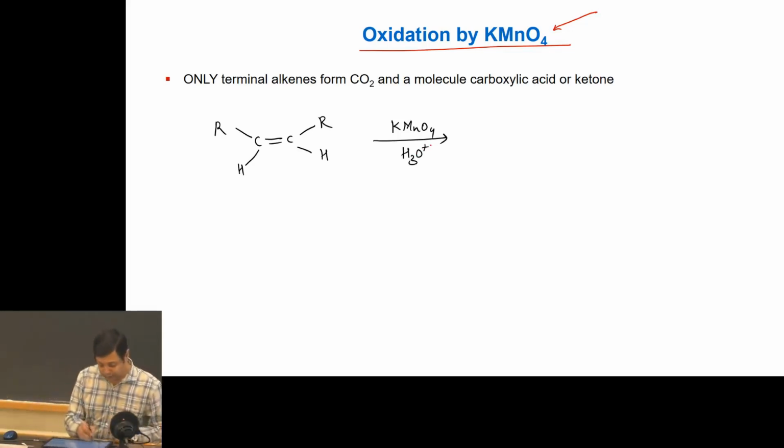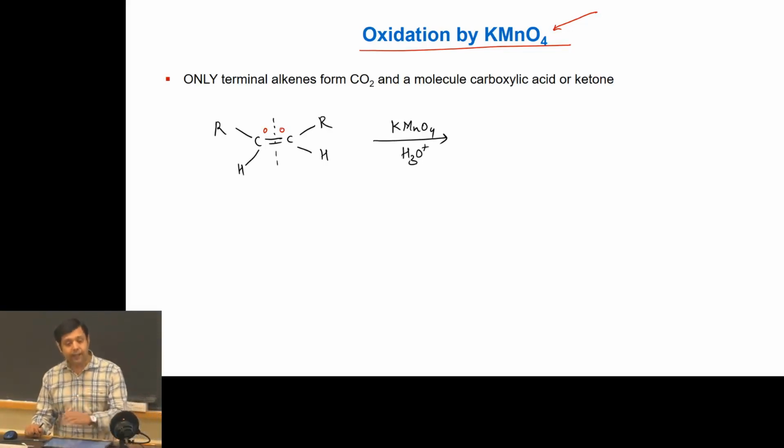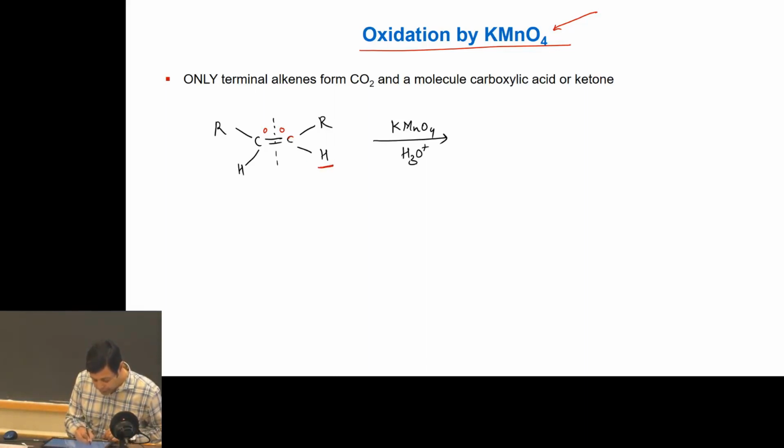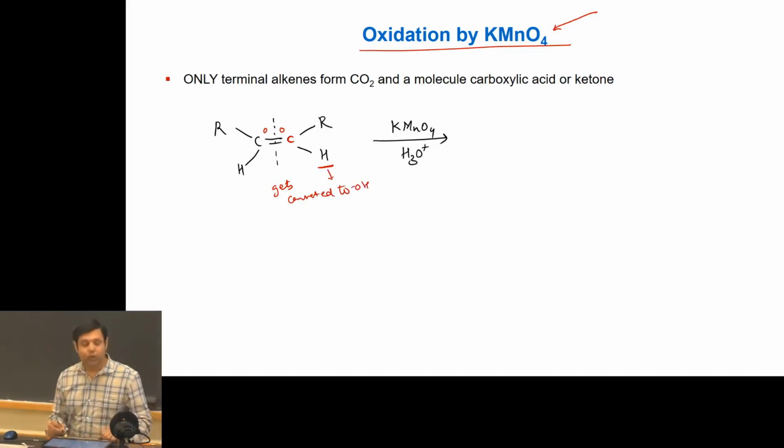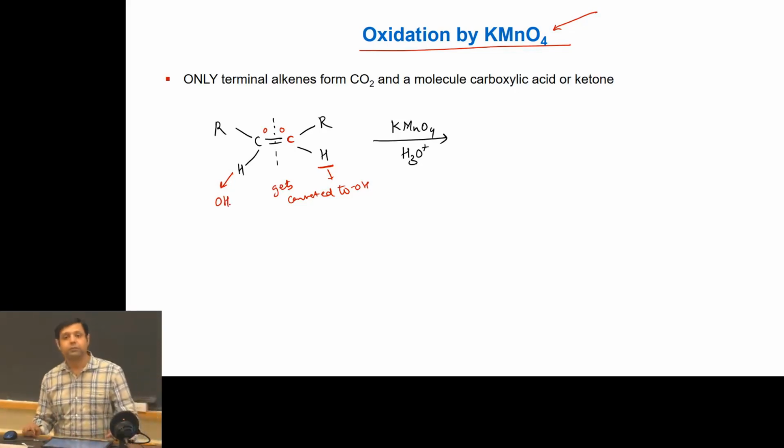First, like ozonolysis, you'll break the double bond, add oxygens to the double bonded carbons. The second thing KMnO4 does is, if you have a hydrogen attached to the double bonded carbon, it oxidizes that hydrogen to OH. So both of these hydrogens, because they're attached to the double bonded carbons, will get converted to OH.